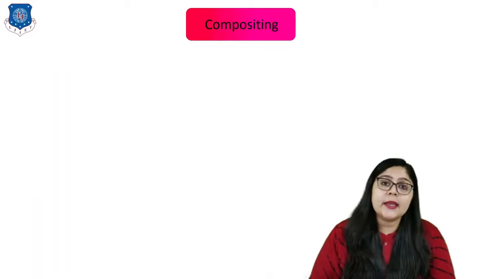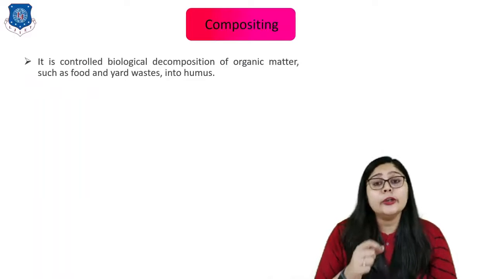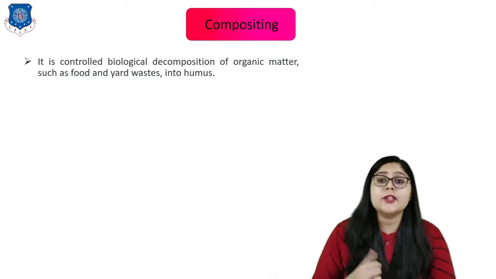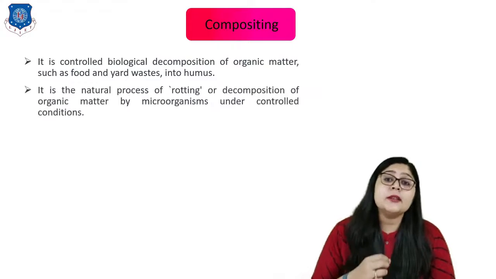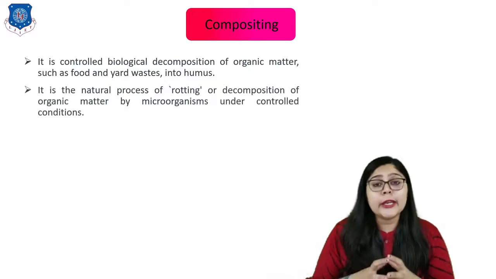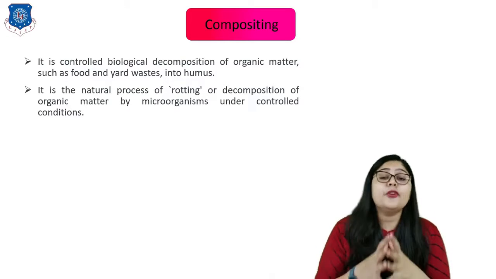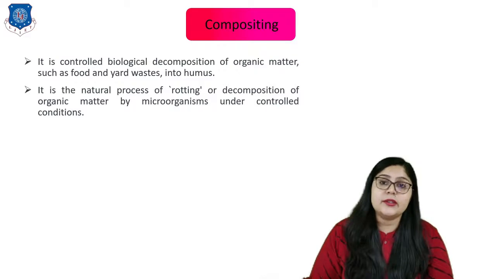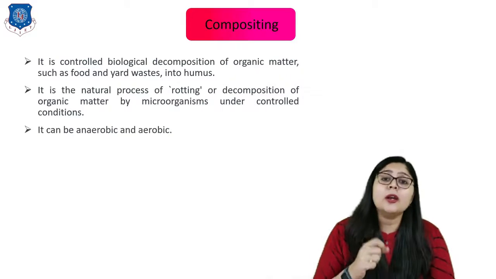Composting is a controlled biological decomposition of organic matter such as food and yard waste into humus. It is the natural process of rotting or decomposition of organic matter by microorganisms under controlled conditions. It can be anaerobic or aerobic.